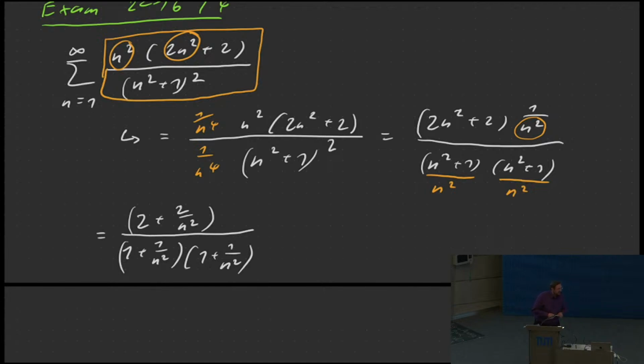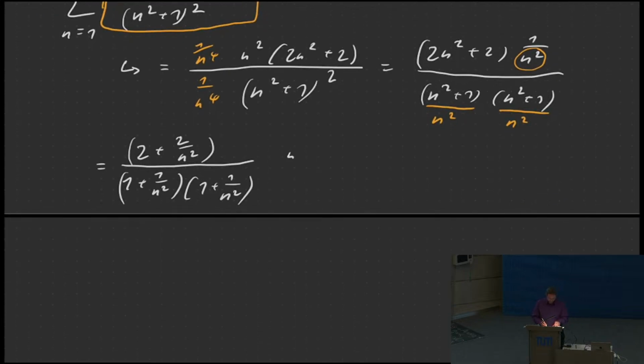And why am I doing all this? Well, the point is, if now n goes to infinity, what happens? Well, this here goes to 0, this here goes to 0, this here goes to 0. So the numerator goes to 2, and the denominator goes to 1 times 1. Right? So this whole expression goes to 2 over 1, or 2.